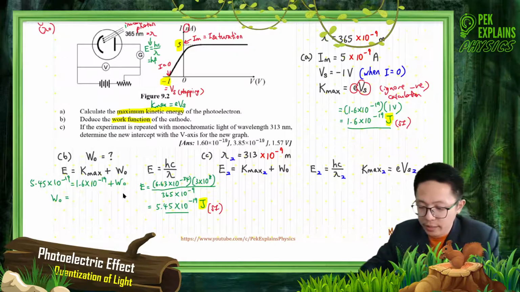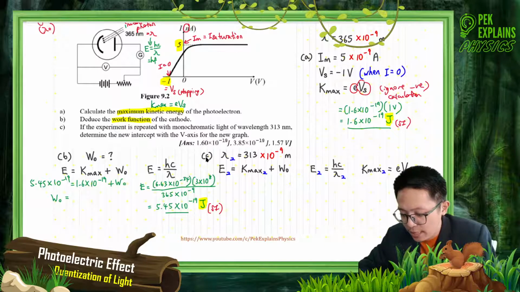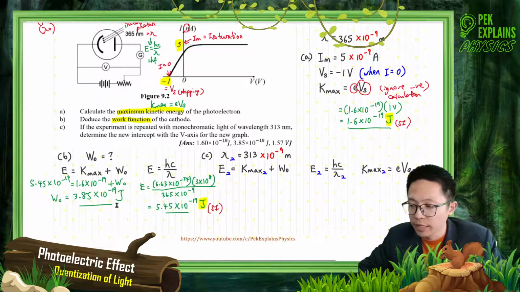Let me calculate and see. The answer for work function I got is 3.85 exponent negative 19 joule. Yes, that's correct.